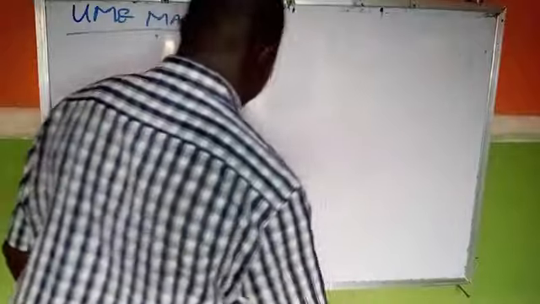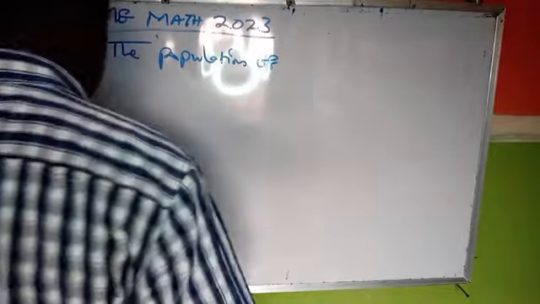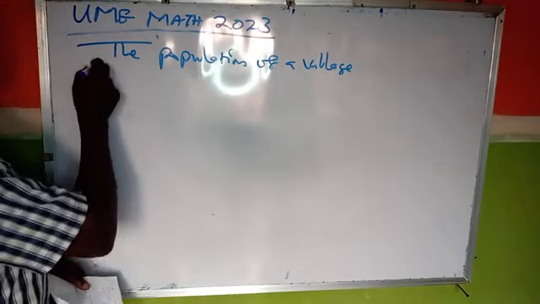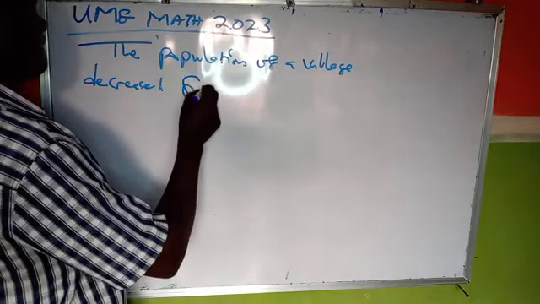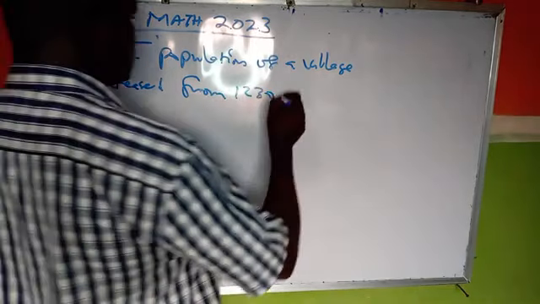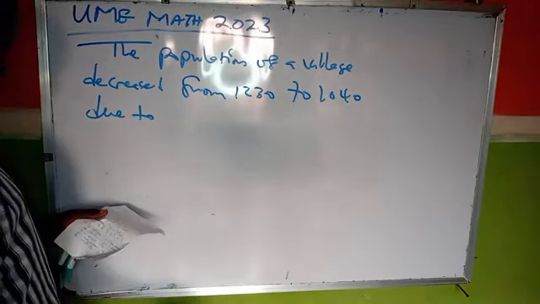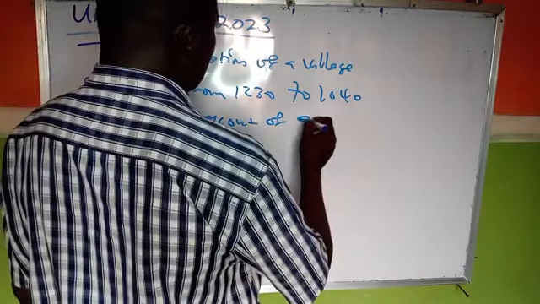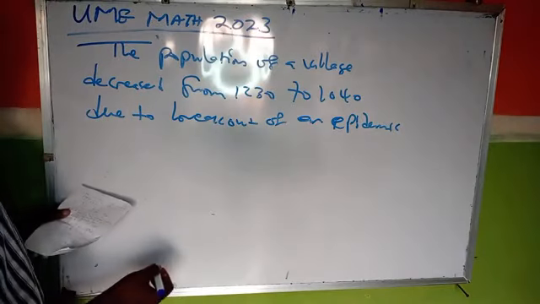Now, again, look at this one. The population of a village decreased from 1230 to 1040 due to breakout of an epidemic disease.